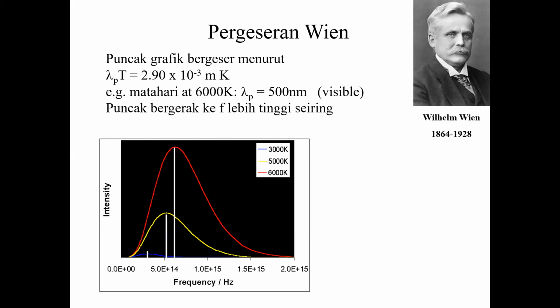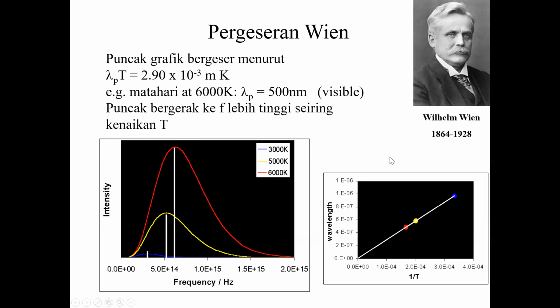So using Wien's shifting law, we could estimate the sun's surface temperature, 6000 Kelvin. It's quite big. So basically this is the picture, wavelength versus 1/T. It's linear.